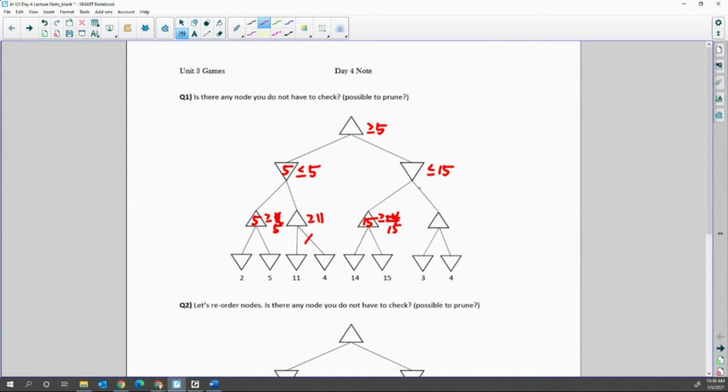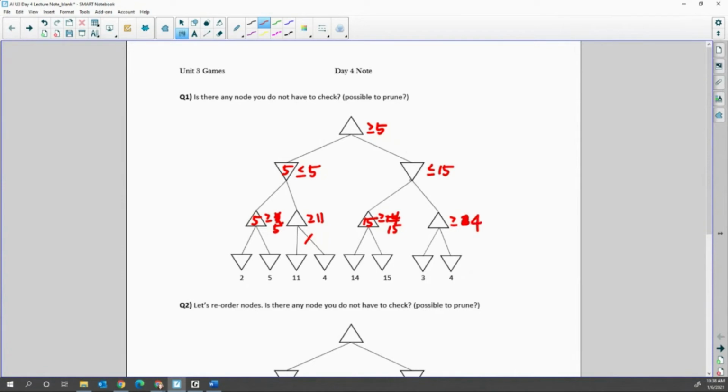So keep going. It's going to go to the right subtree. Then when the max node visits 3, the max node becomes greater than or equal to 3. Then keep visiting, because 3 is smaller than the 15. And if it goes on to 4, this max node is guaranteed greater than or equal to 4.